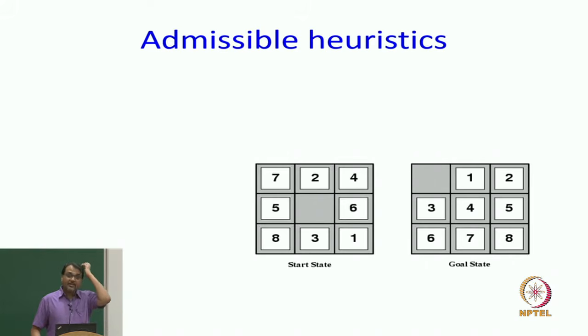Now, before we understand this further, let us make sure that we all understand what is Manhattan heuristic or Manhattan distance. Manhattan is, of course, a great, very famous place in New York, right? It is said that if you just stand there in Manhattan, you will hear all languages in the world. Of course, that is not true.